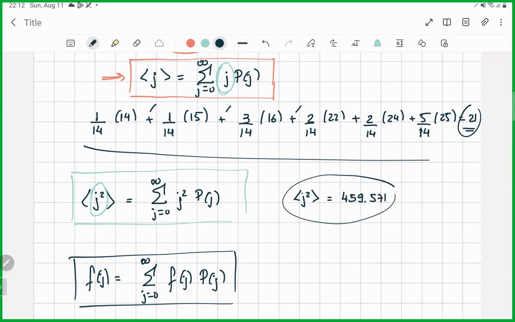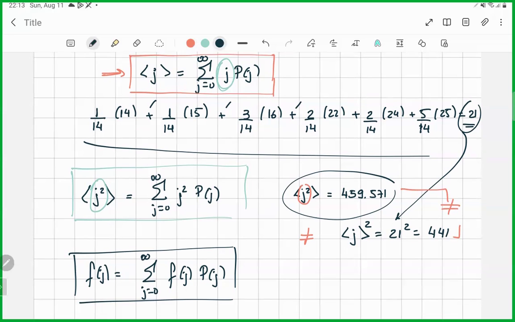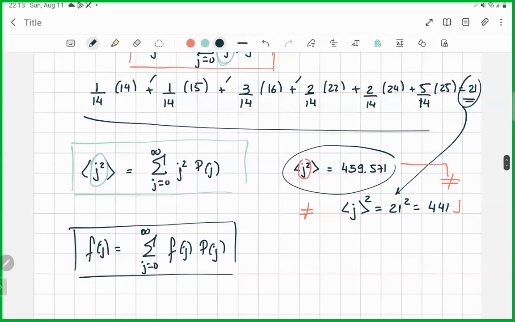And you will see that the expectation value of j squared is different from the square of the expectation value. Now, the square of the expectation value is this 21 squared, which is 441. So you see that these two things are different. So not always, sometimes we can get them equal, but not always.